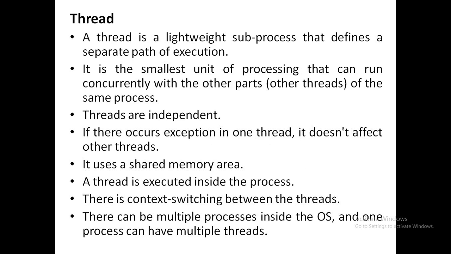A thread is executed inside the process, and there is context switching between the threads. That means the processor can change from one task to another without affecting the task or creating any conflicts among the tasks. There can be multiple processes inside the operating system, and one process can have multiple threads.